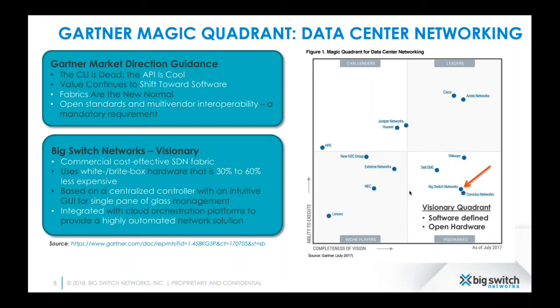We call that our REST API first principle. With our product, you're seeing that the value is shifting towards software by leveraging open vendor switches, x86 servers, and so on. We are building fabrics. We are not talking about box by box management, and we are using open standards and multi-vendor interoperability. So we are completely in line with where Gartner sees the market direction going.